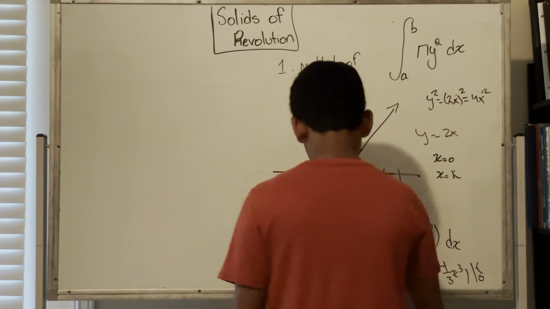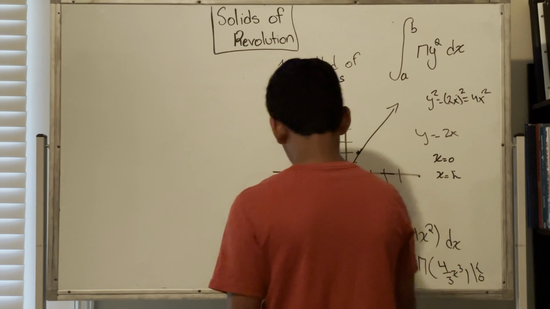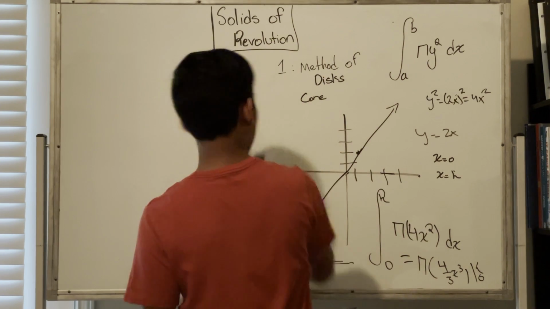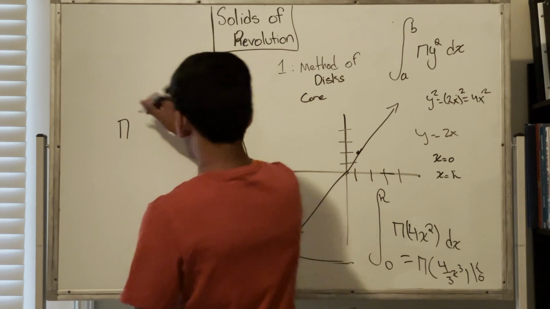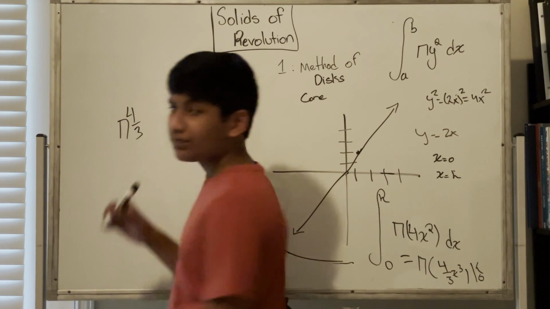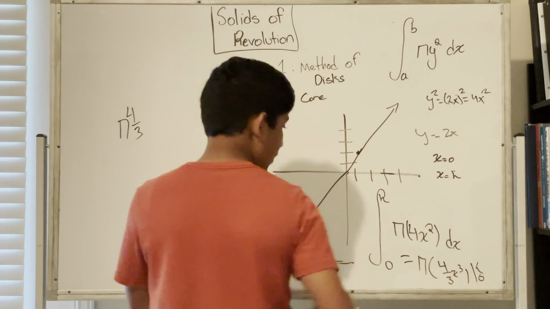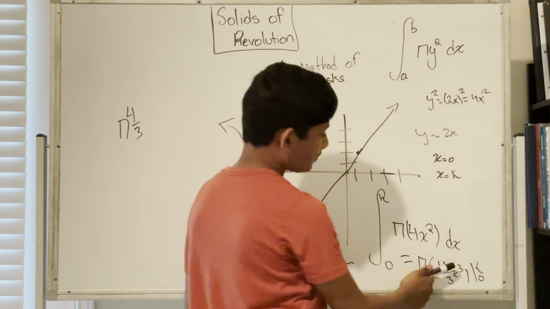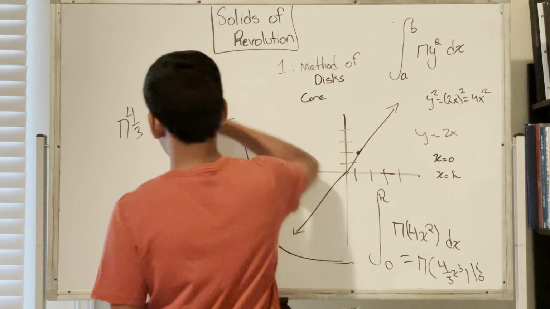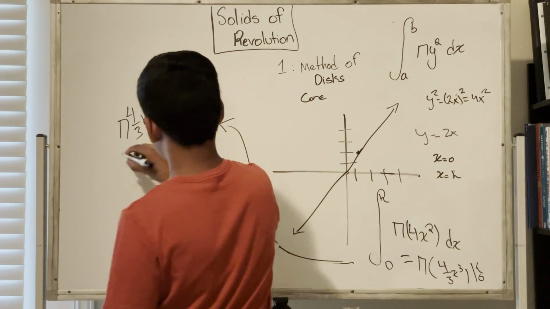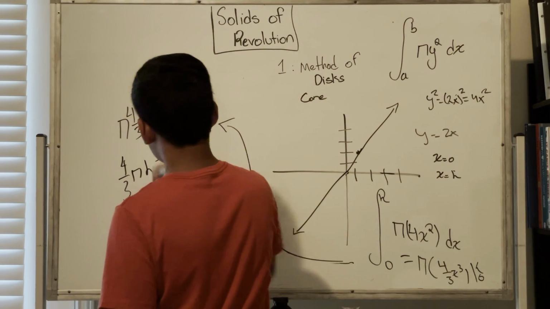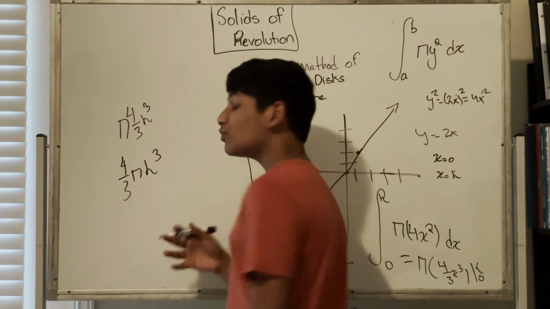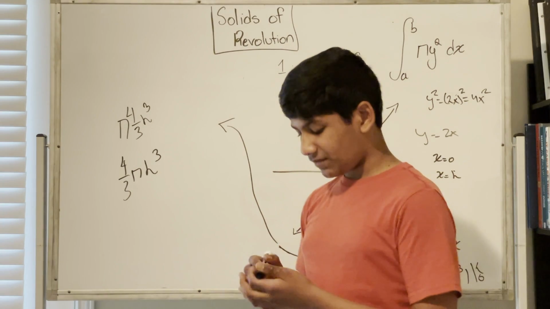So we're going to have pi times 4/3, and then we're going to plug in h for x cubed. So we're just going to have h cubed. So 4/3 pi h cubed. So it precisely looks like the volume of the sphere.